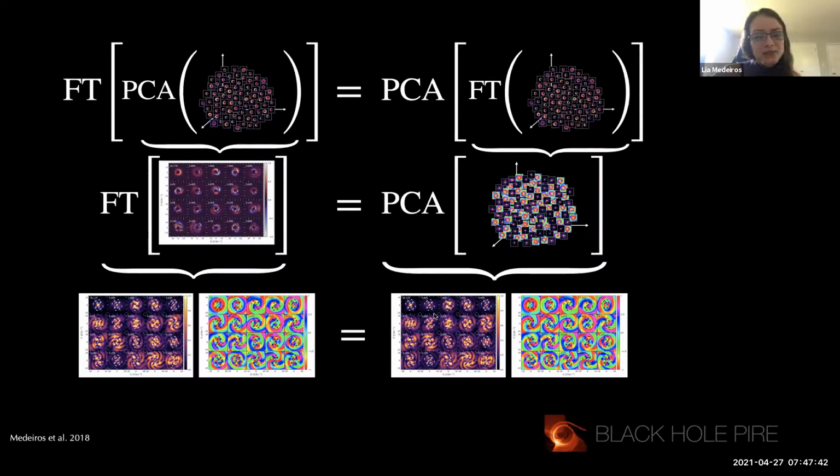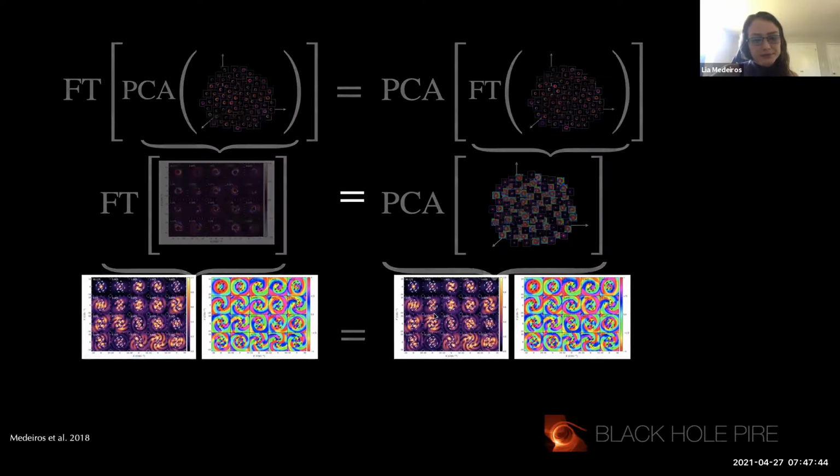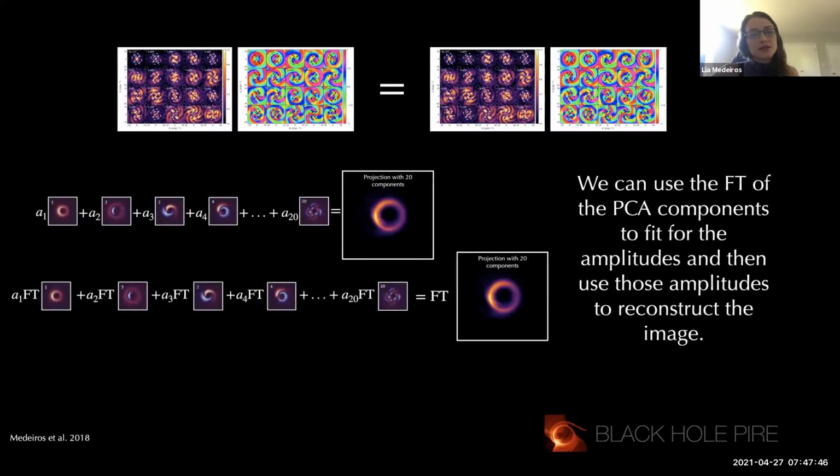And so what this means in practice for our algorithm is that we can perform PCA on the images from these simulations, and we use that to derive our PCA components. And then we can take the Fourier transform of those PCA components, and those are what we use for the actual fit to EHT data.